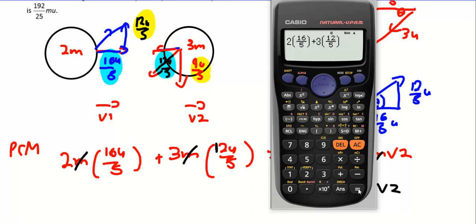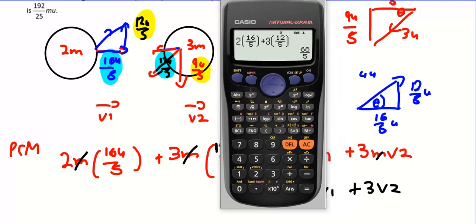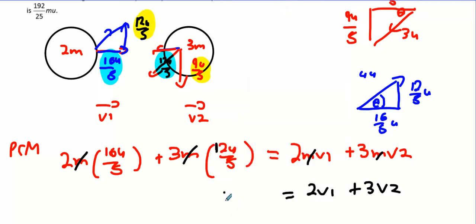Put it into the calculator and we get 68 over 5 for that.